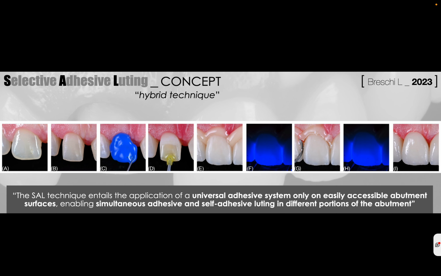This is related to a good article published by Lorenzo Breschi, who compares etching the full surface and adhering the full surface against etching just one part, and then leaving the cervical aspect to the adhesive that the cement has inside, and they observed that the final values are quite similar.